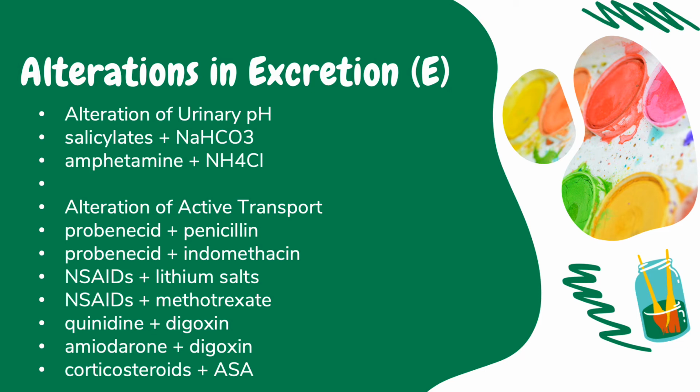Another is NSAIDs given with lithium salts and NSAIDs given with methotrexate. There will be decreased renal excretion of the object drug. Next one is quinidine and digoxin, amiodarone and digoxin, and corticosteroid with aspirin.